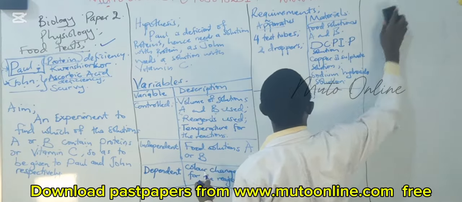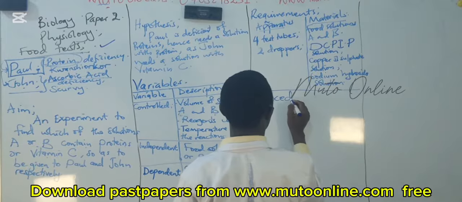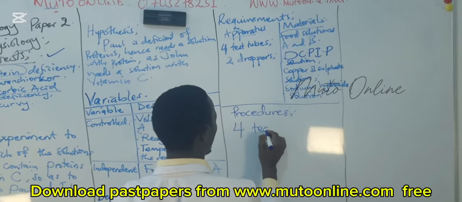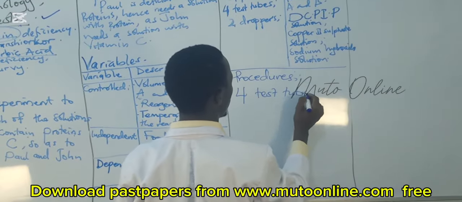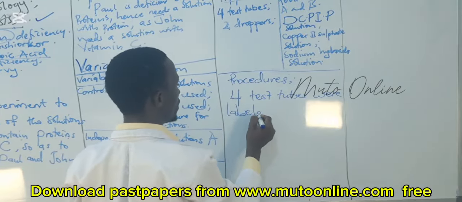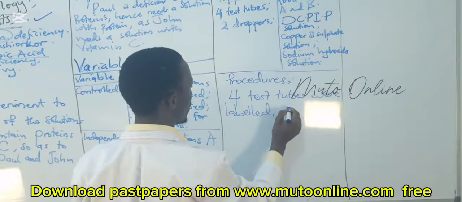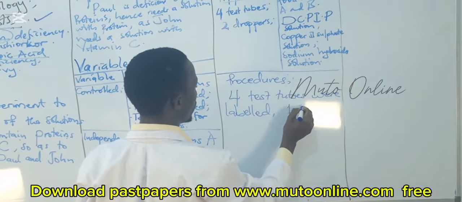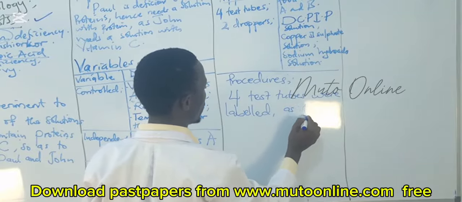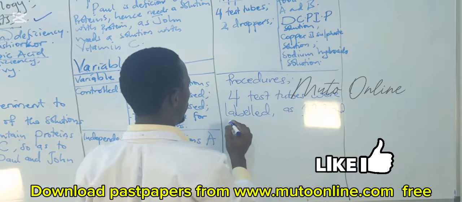We shall give test tubes names so that carrying out the procedures becomes simpler. 4 test tubes were labeled. Let's give them numbers 1, 2, 3, and 4.